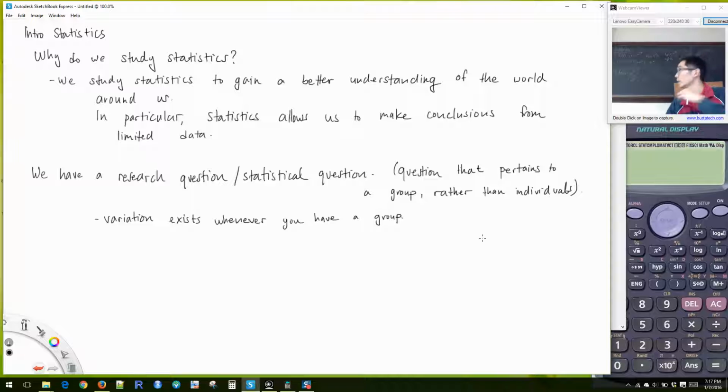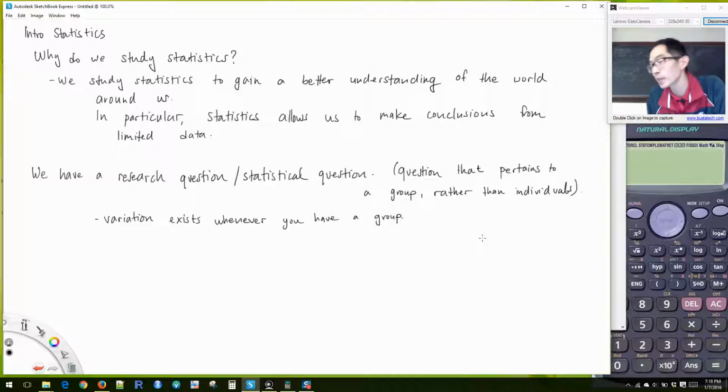And so you're trying to ask a question about the group as a whole. It can be something like, what percentage of U.S. voters will vote for the Democratic candidate on whatever day?